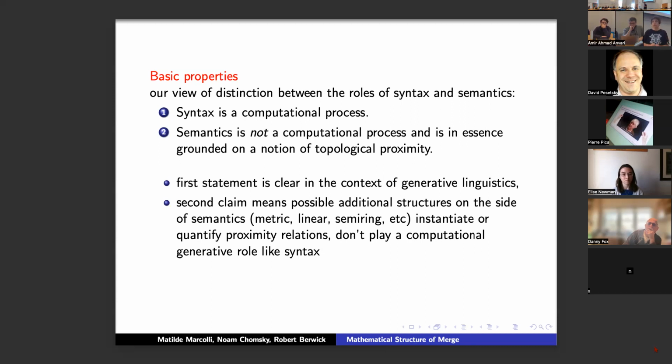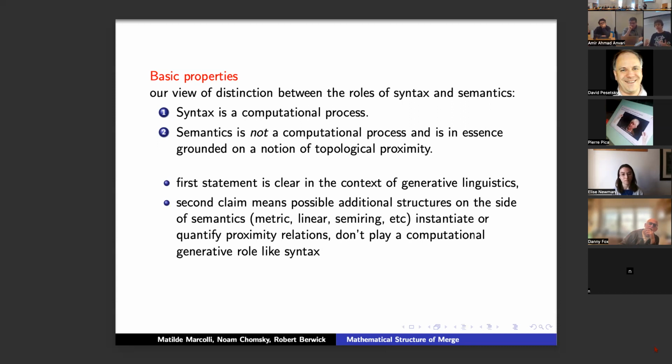Syntax is a computational process. In this description, semantics is not a computational process. The reason for making this choice is that I want to keep the information on the side of semantics as unstructured as possible in order to point out what the role of syntax is.